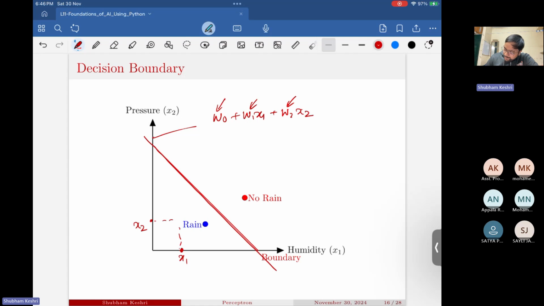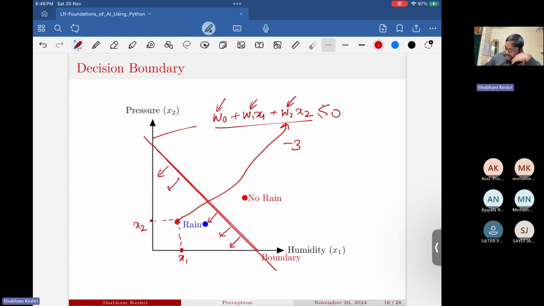Now you plug this value in this equation, and what you will see, so suppose this side is less than equals to 0. So if you plug this value over here, if this comes out to be something like -3, then you are on this side, and you can just say it is rainy.